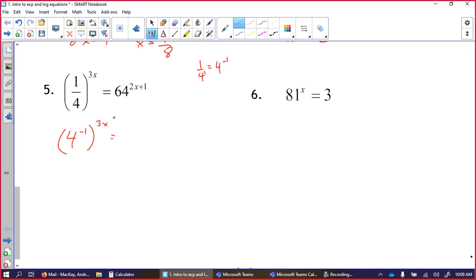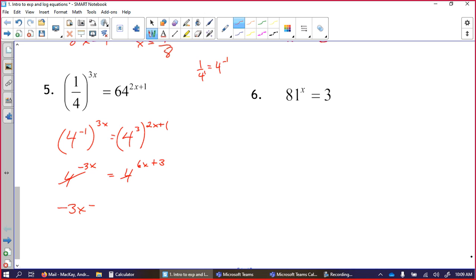64 is 4 4s are 16, 4 16s are 64, so 4 cubed. Negative 1 times 3x is negative 3x. 3 times 2x is 6x. 3 times 1 is 3. Bases are the same.